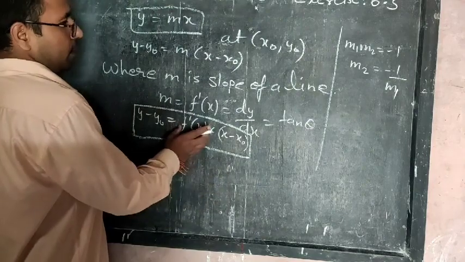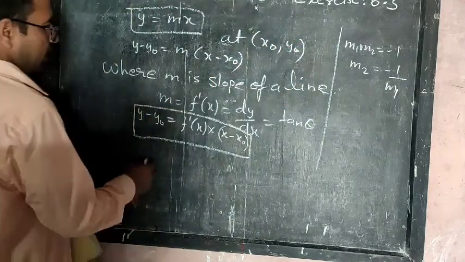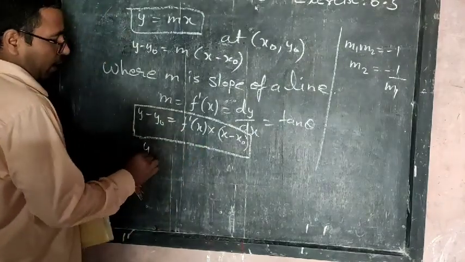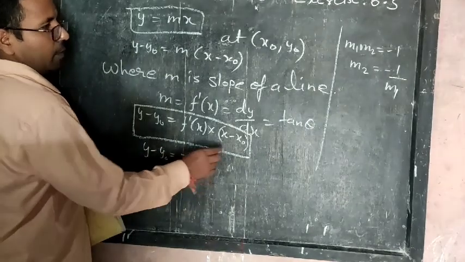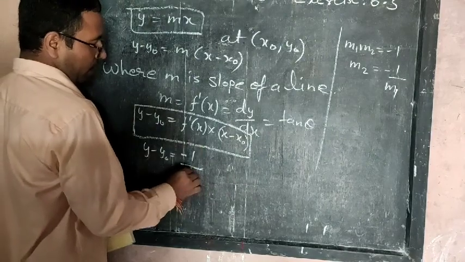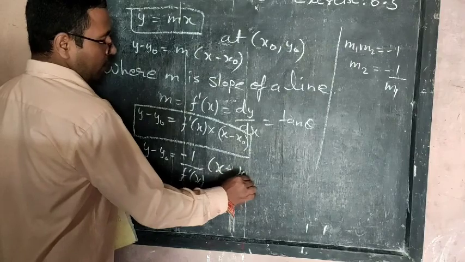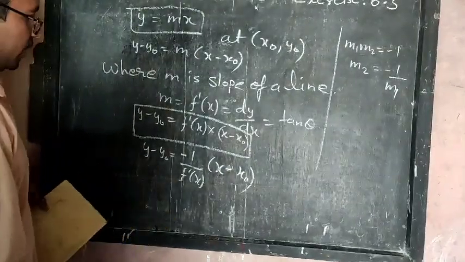Suppose m1 is f dash x, so minus 1 by f dash x. Then y minus y naught is equal to minus 1 by f dash x, into x minus x naught. Generally this one is the equation of the normal which we have got here.